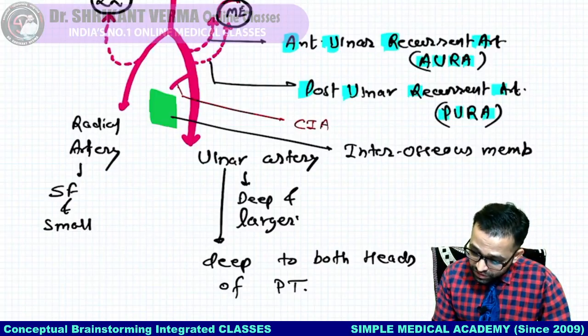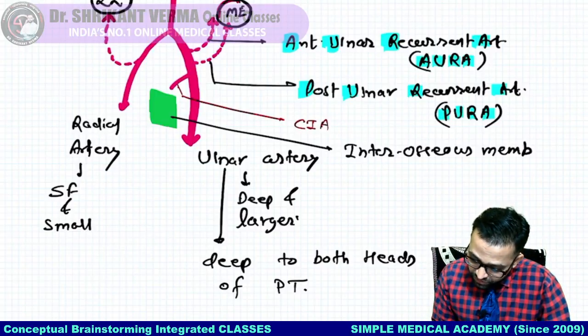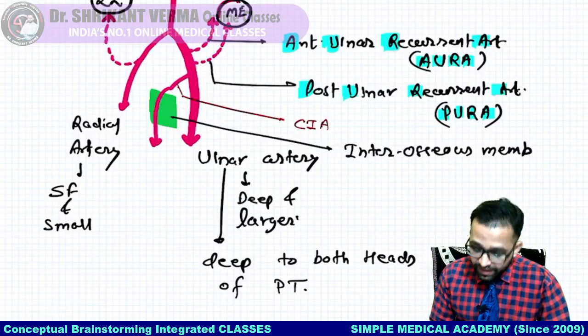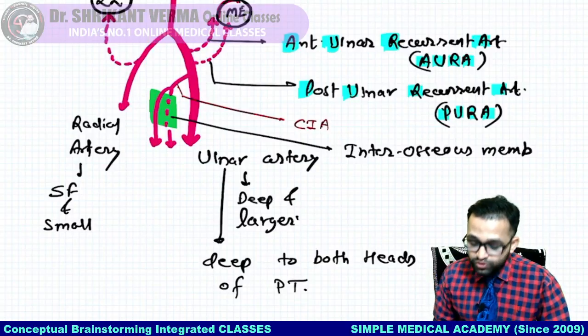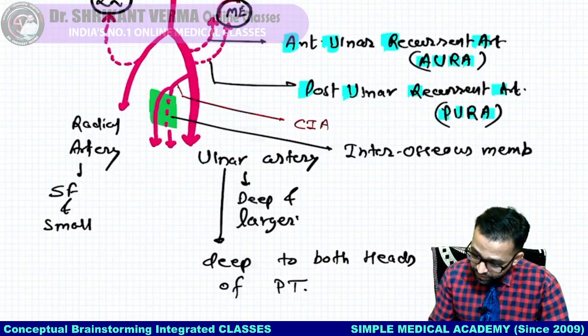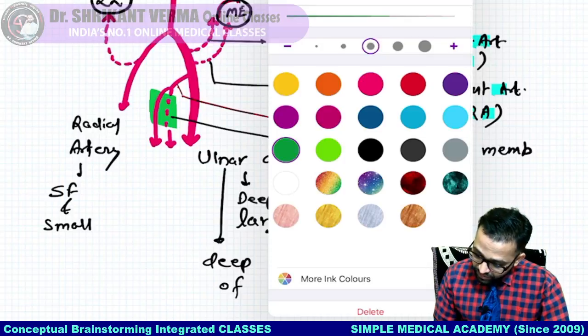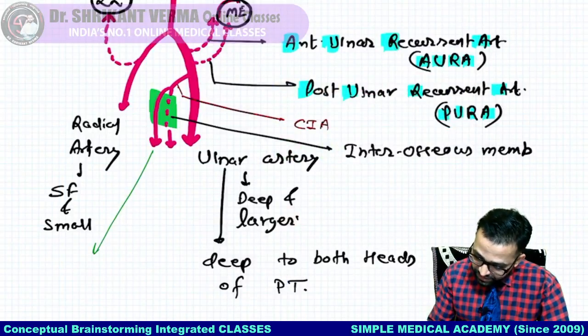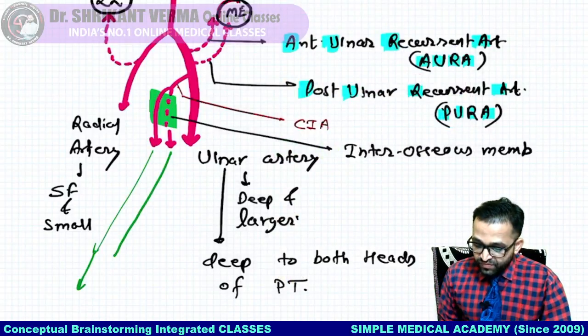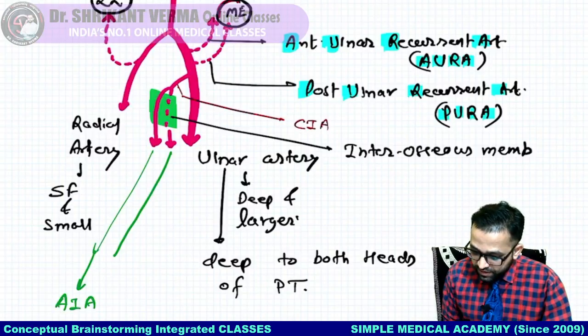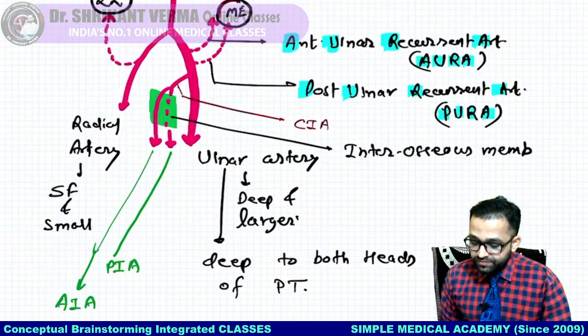So this common interosseous artery was dividing into the anterior interosseous artery and another artery which is running posteriorly, the posterior interosseous artery. So what can you recall? Yes, these all are the content of the cubital fossa. So these are anterior interosseous artery and posterior interosseous artery.